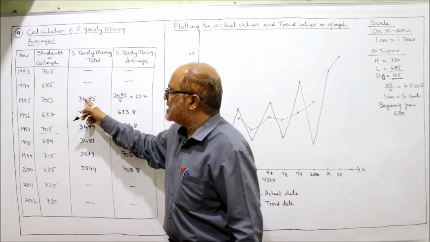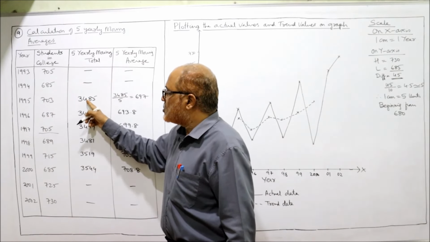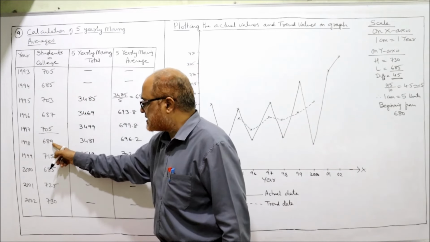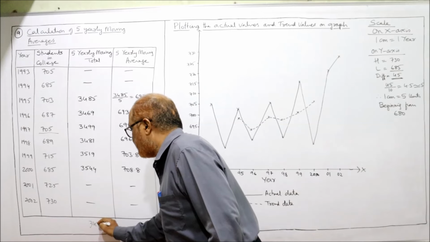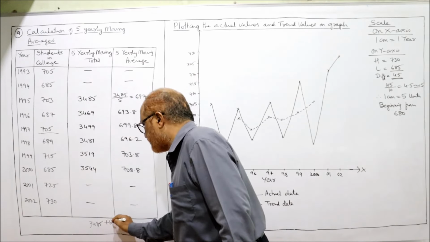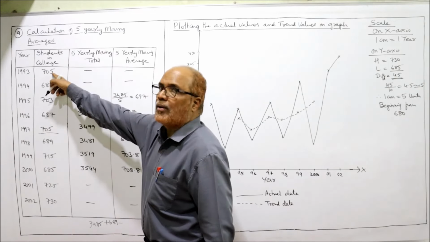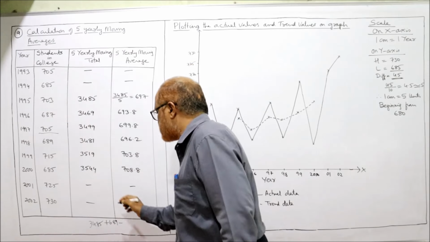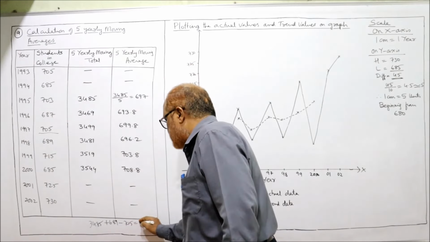For example, this is the total 3485. Now you want the next one. So 3485 plus 689, minus 1, 2, 3, 4, 5. You have to drop the first one, minus 705. Minus 705, you will get 3469.